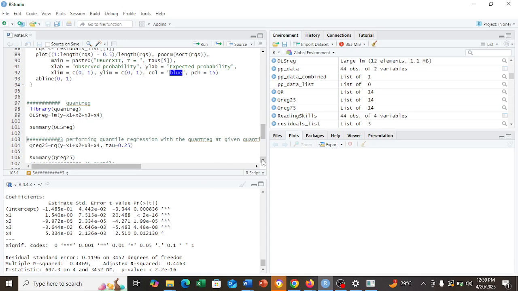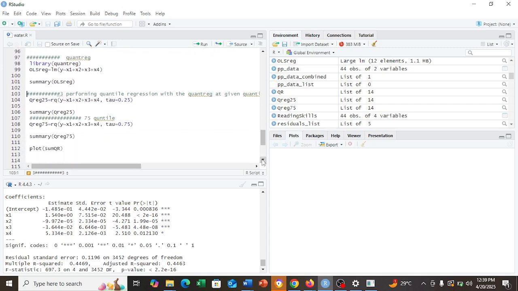Now if I also want to run the quantile regression at, let's say, the 25th quantile, 50th quantile, 75th quantile, what happens? If I want to perform quantile regression with the quantric package at a given quantile, here I'm looking at the 25th quantile.